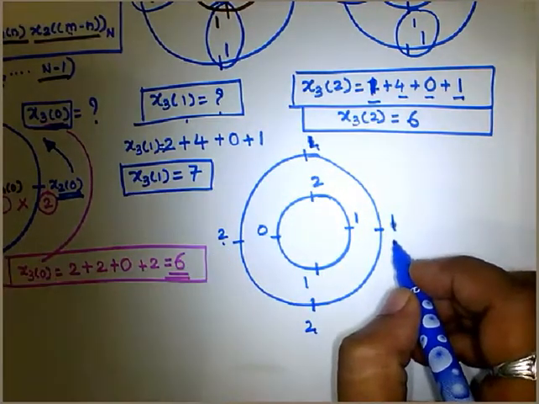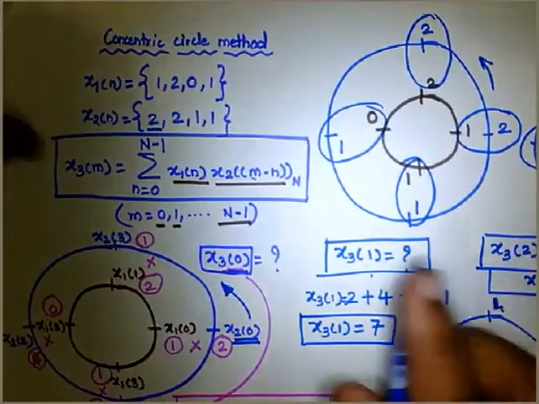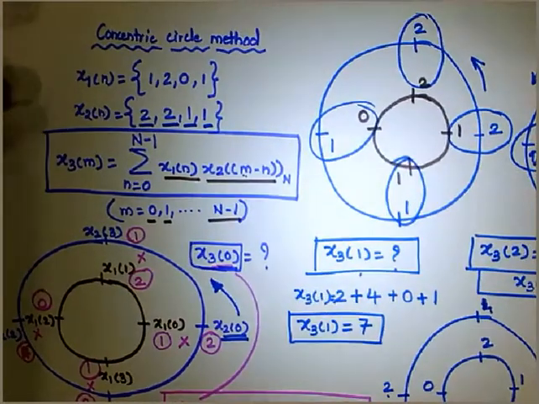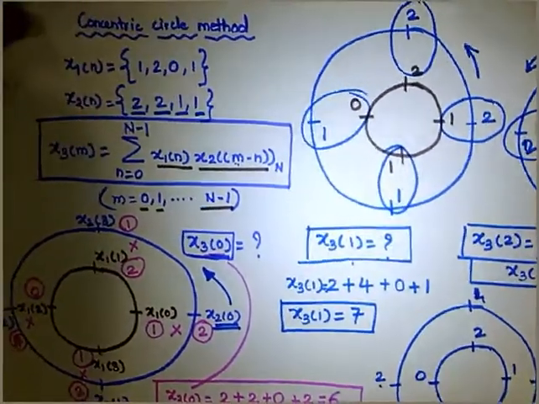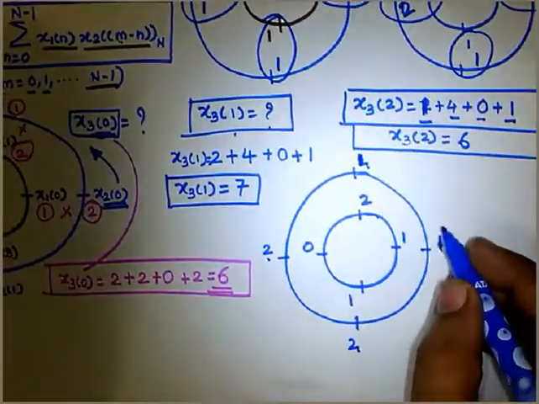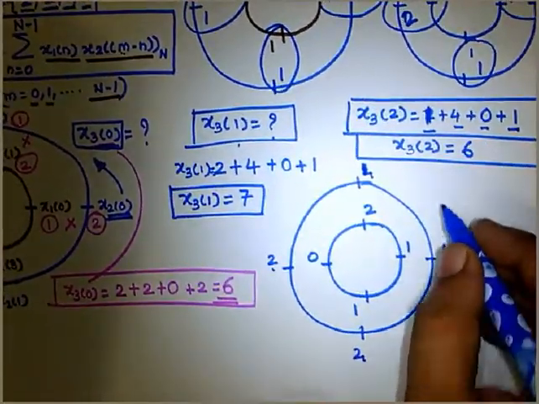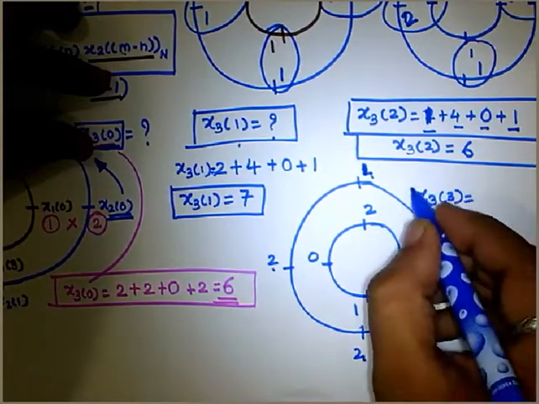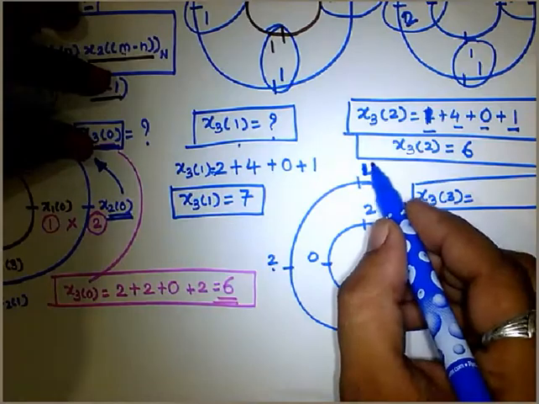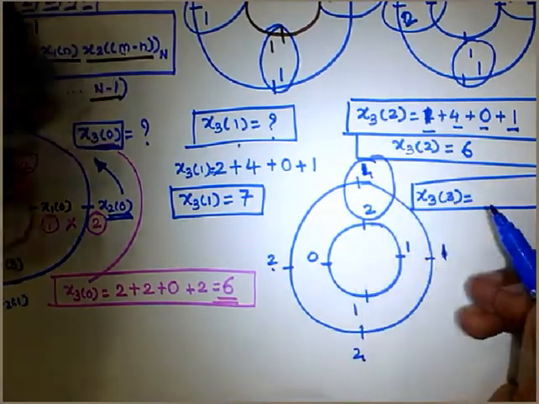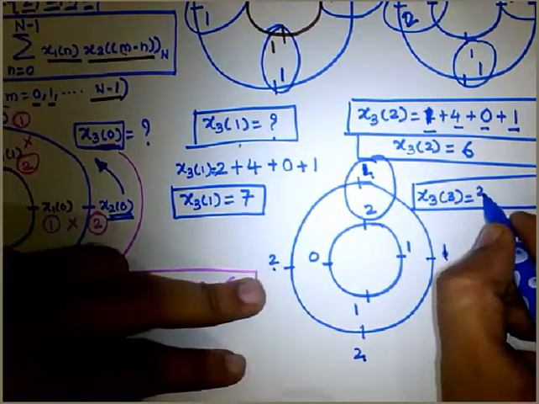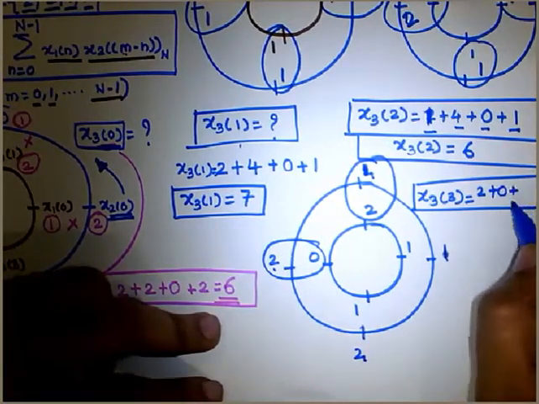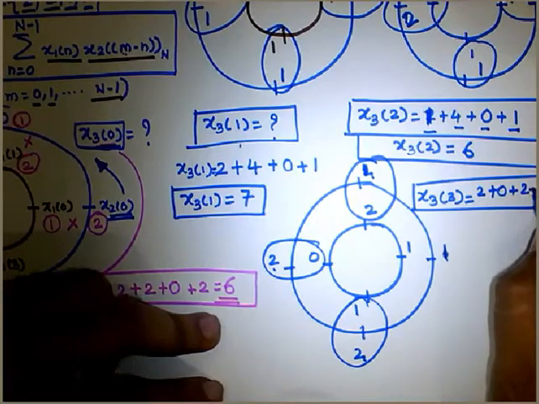You can just verify here, we started with 2, 2, 1, 1. Now for this sequence, apply the same theory again. So x3 of 3 will be equal to 2 into 1, that is 2, plus 2 into 0, that is 0, plus 2 into 1, that is 2, plus 1.